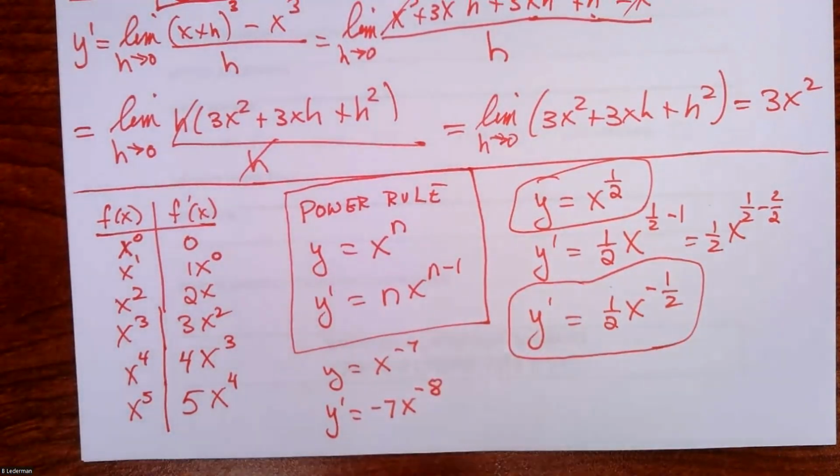Not 6, but 8, because negative 7 minus 1 is negative 8. And this is an awesome, incredible rule. The power rule is no problem.